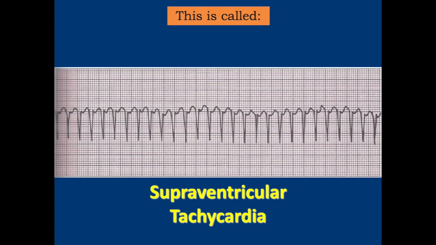It'll just take off like a rocket, and that's called supraventricular tachycardia. And if it happens suddenly, that's called paroxysmal supraventricular tachycardia, or PSVT, and we treat that in ACLS with adenosine. There's a whole algorithm for that.